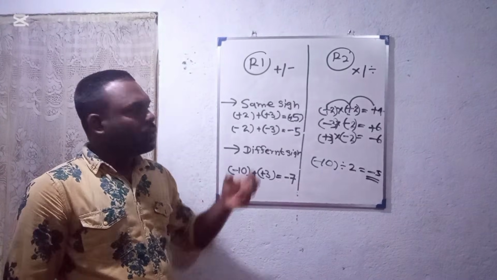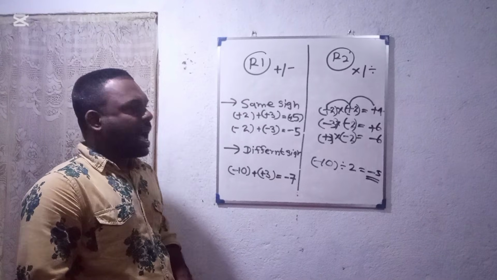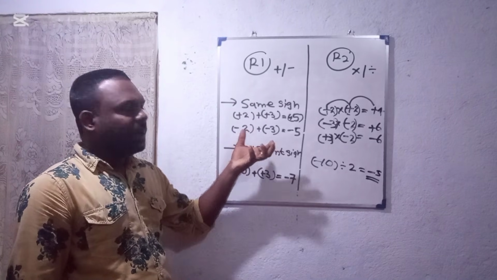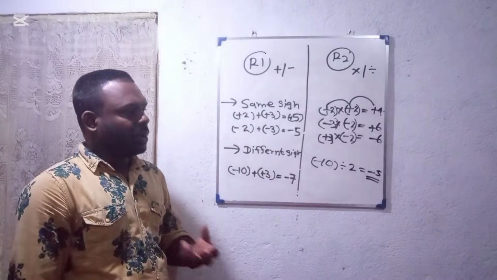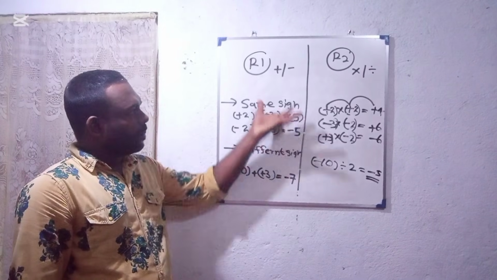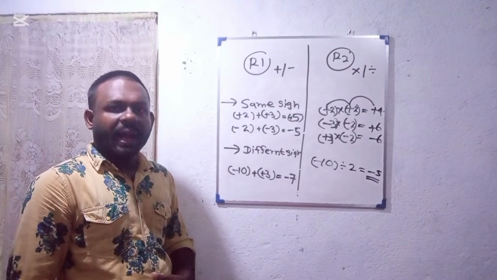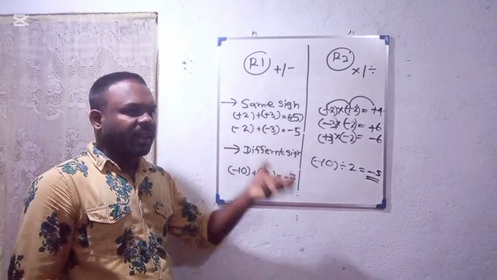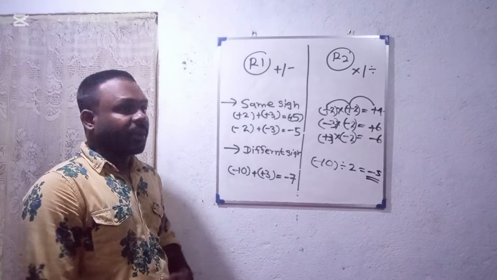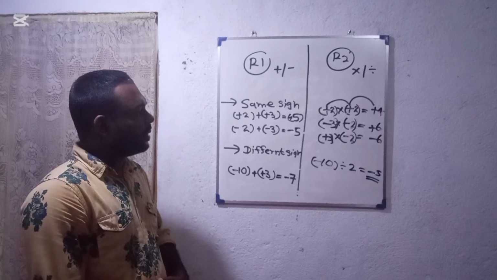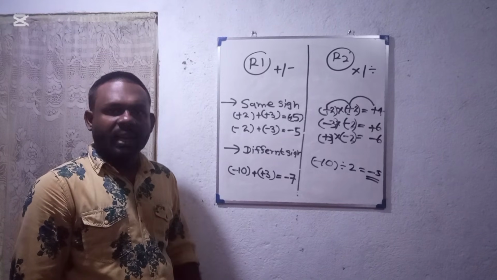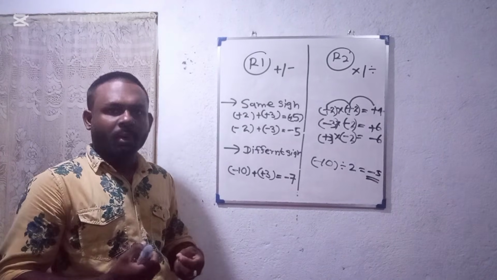Okay, now we'll move to the application of this. It is a most important rule. By using R1 and R2, we'll see how we factorize a quadratic trinomial expression. What does factorizing mean? Factorizing means taking common things out.